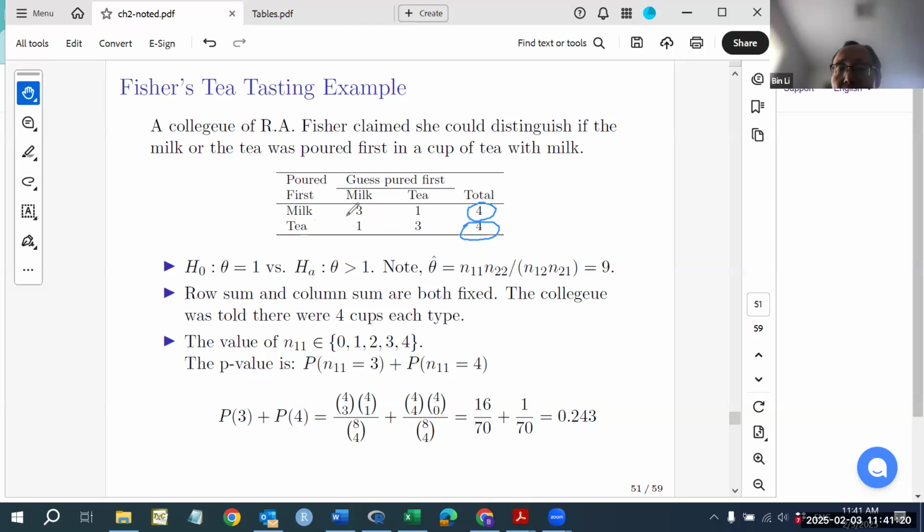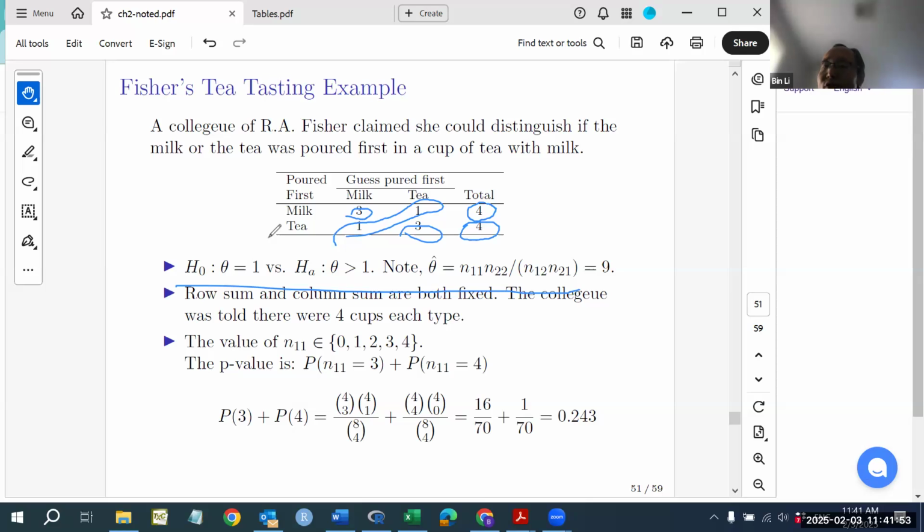The colleague found 3 out of 4 with milk first, tea second, and 3 with tea first, milk second, so there are 2 mistakes. We want to test whether this colleague really has a significant way to identify which one is poured first from this data.